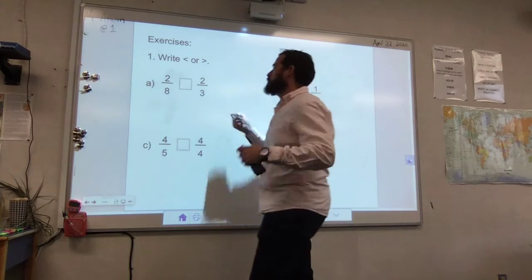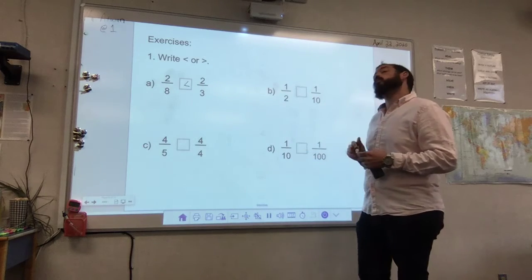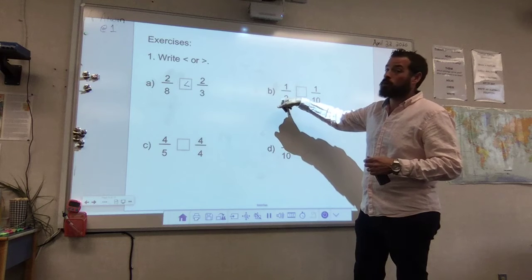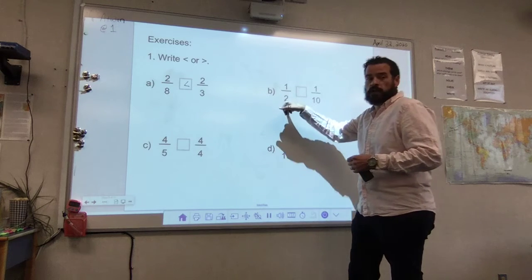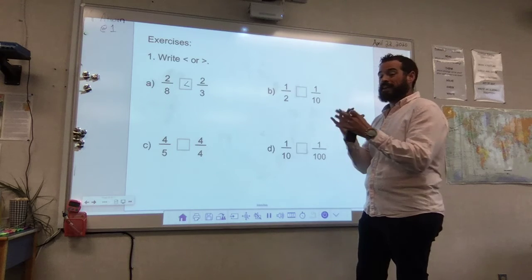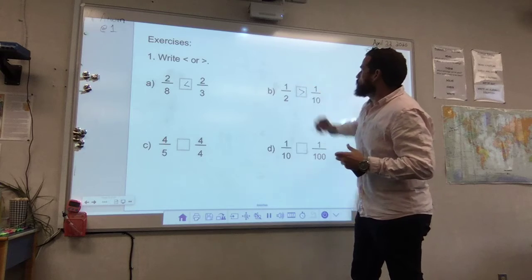So 2/8 is going to be less than 2/3. 1/2 or 1/10. Smaller number on the bottom, smaller number for our denominator, means we are dividing into less parts. Each part's going to be bigger, so 1/2 is greater than 1/10.